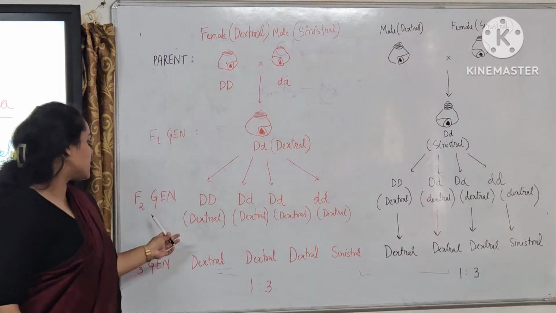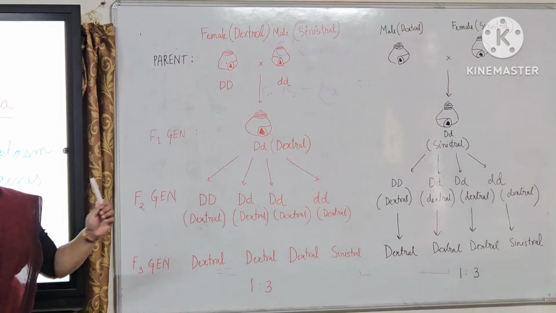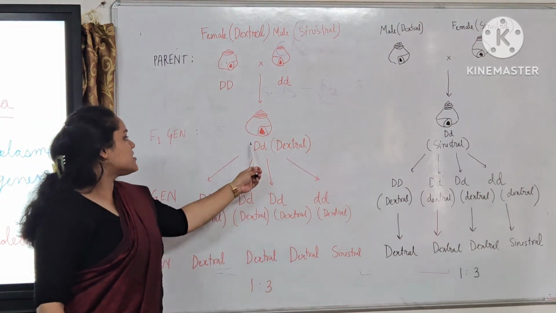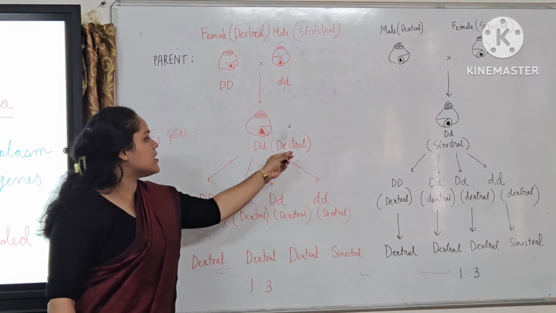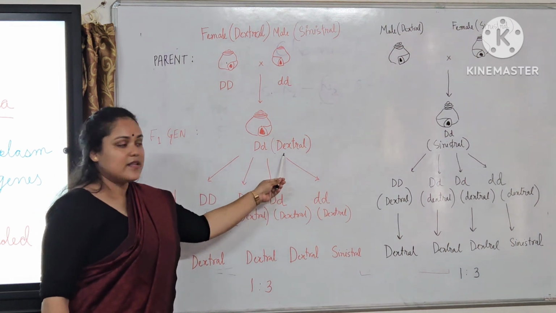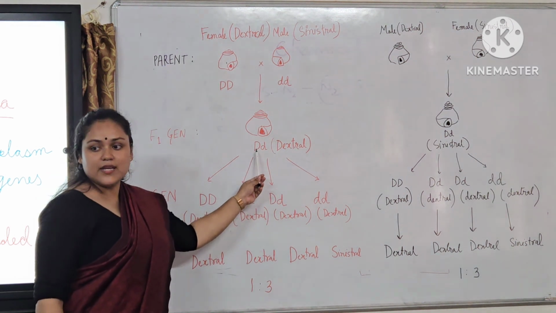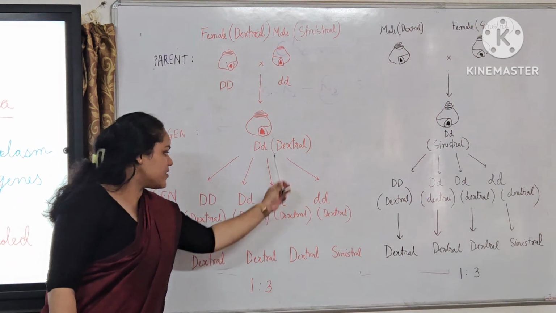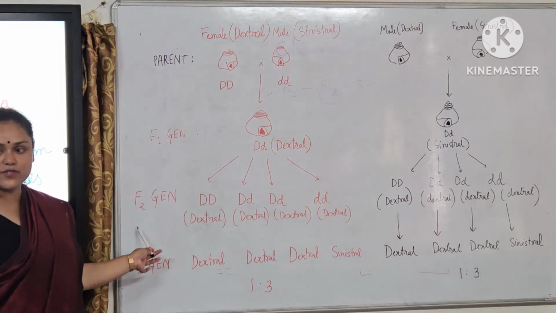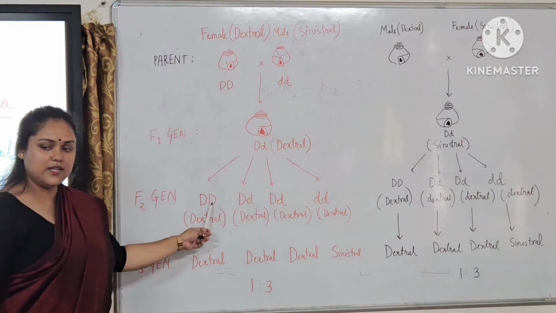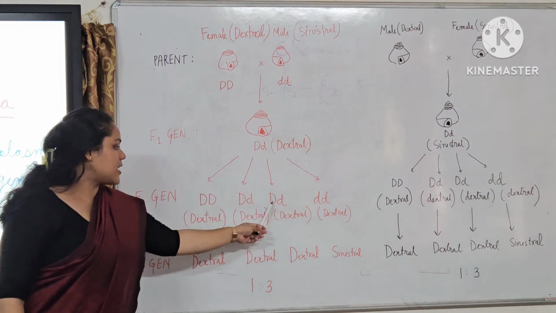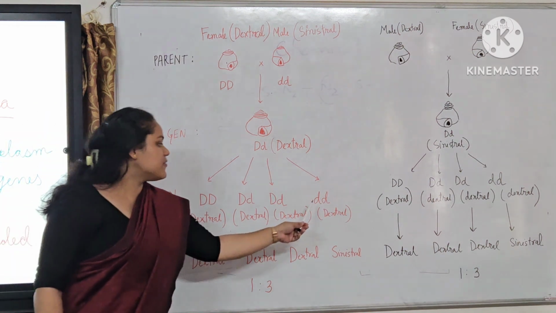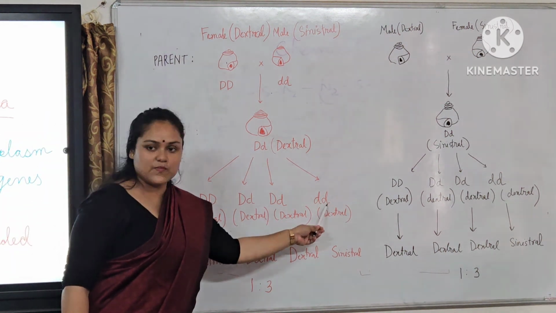Now we go to the F2 generation, the next cross. The mother is dextral, and the genotype of the mother is capital D, small d. Now we come to the different genotypes of the F2 generation. Capital D, small d, capital D, small d, capital D, small d are all dextral, and then we have small d, small d.